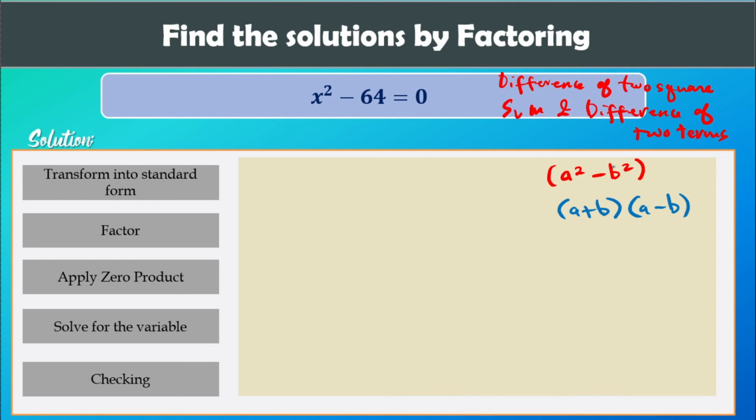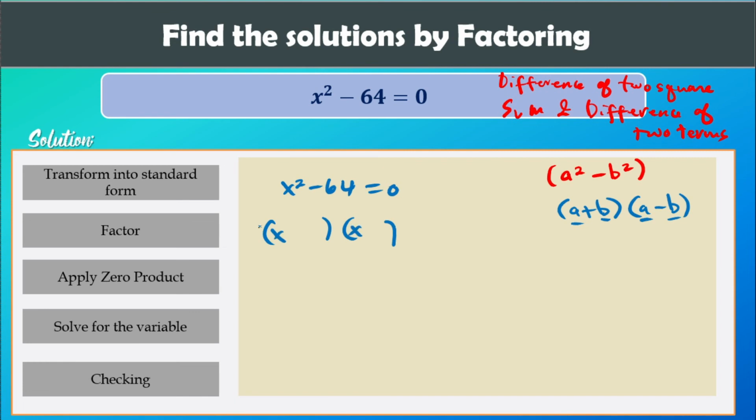So, let's solve this x squared minus 64 by factoring. Transform into standard form. So, standard form na yan. So, x squared minus 64 equals 0. Now, factor naman yan, kasi this is difference of 2 square, makikita natin dito na finactor natin yung a squared tapos yung b squared. Nilagay natin sa respective nila na mga positions. So, yung x squared, yung square root niyan rather is x.